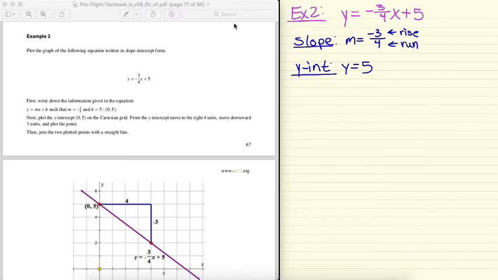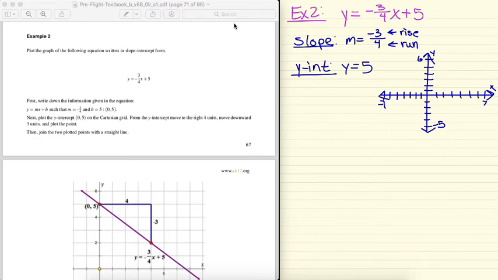In order to use this information to graph, remember we first have to graph the y-intercept. So I'm going to draw my grid here. All right, and then I'm going to begin plotting my points.